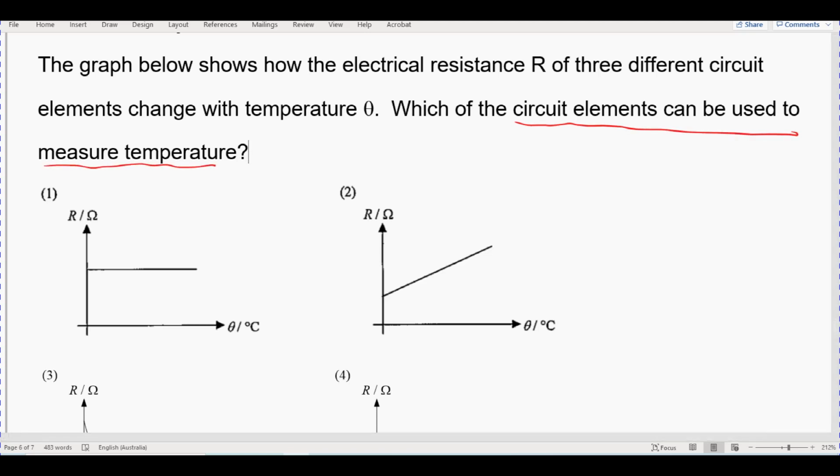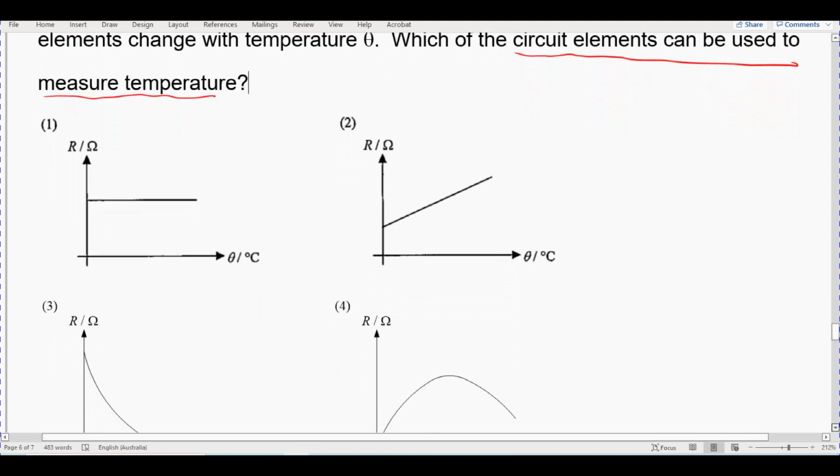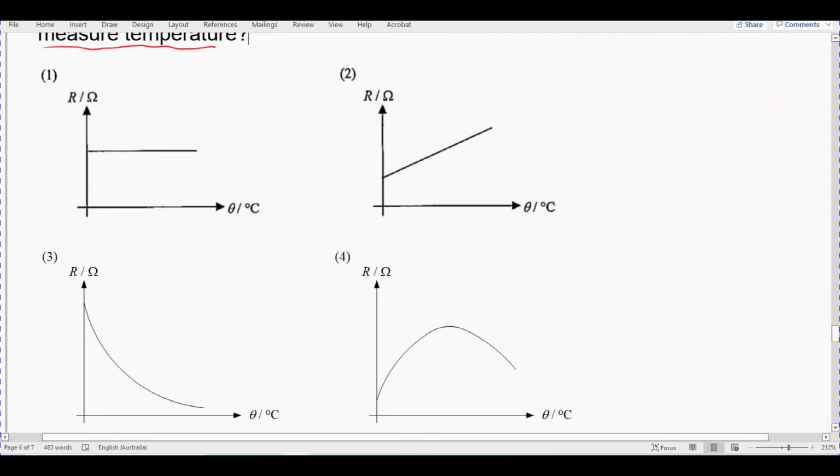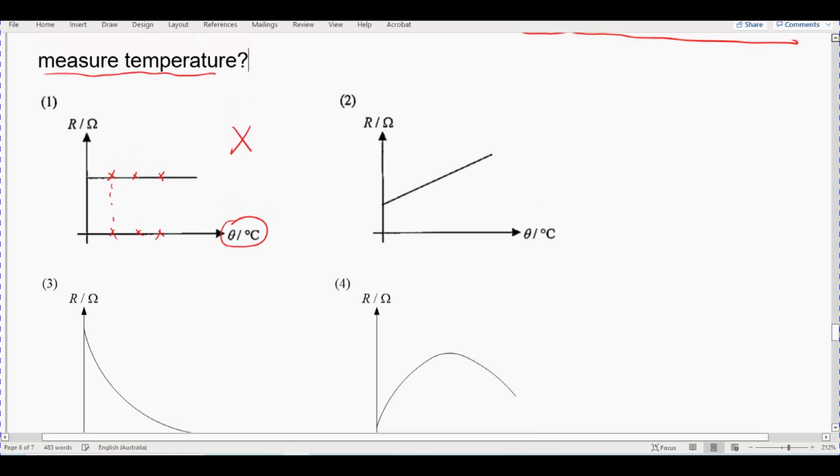How about the first one? Of course you can't measure temperature with it, because for different temperatures you have the same resistance. So you can't tell the change in temperature by the change in resistance, because the resistance is just constant. So this one can't be used to measure temperature.